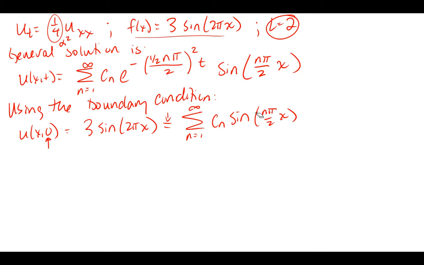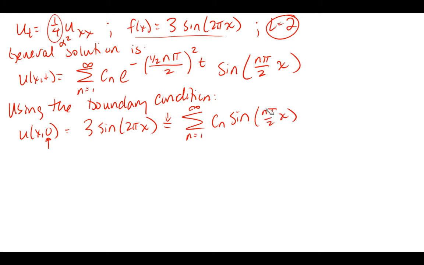So if n is 1, I'd have sine of pi over 2x. When n is 2, I'd have 2 pi over 2, also known as pi, so I'd have pi x. When n is 3, I have 3 pi over 2x. When n is 4, I have 4 pi over 2x.